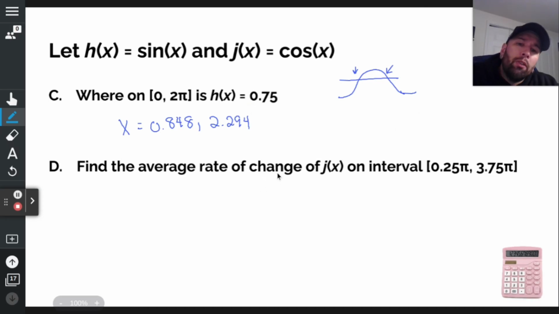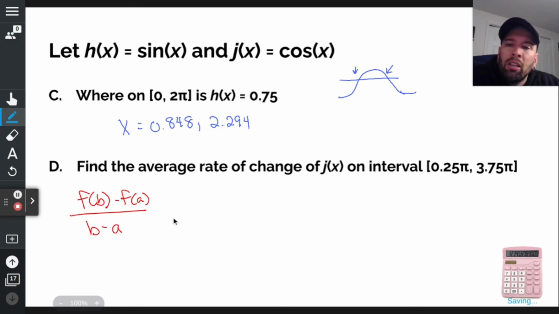Find the average rate of change of j of x. So now we're on cos. J of x on the interval 1/4 of a pi and 3.75 pi. All right, so average rate of change is f of b minus f of a over b minus a. So what I'm going to need to type out in my calculator is, what am I doing?